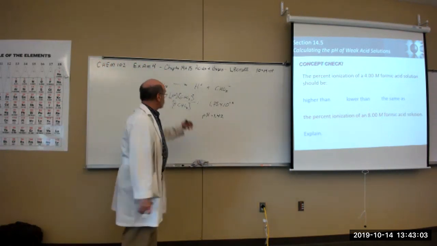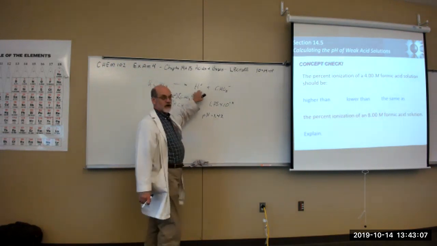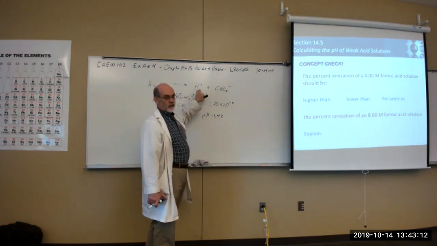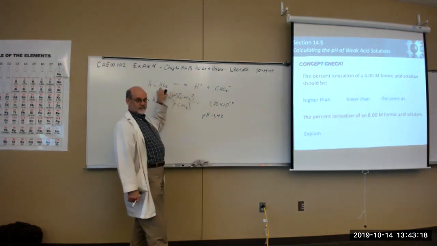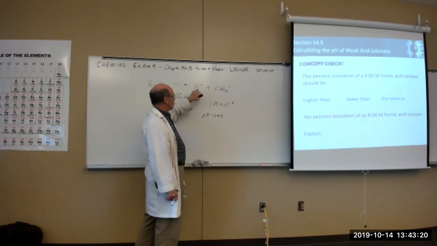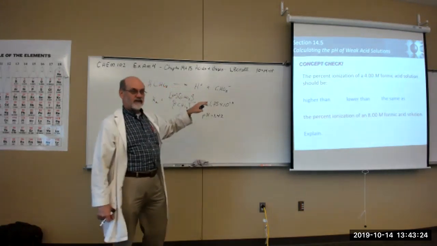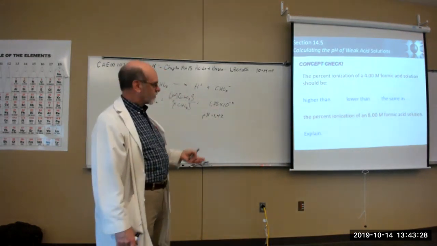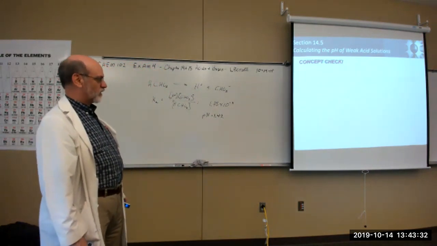Since we're starting at a lower concentration, the concentration of these species will be lower in the 4 molar. But this is ratioed against that, right? So this might be lower, but it's higher than expected based upon the initial percent dissociation. So it's going to be higher than the 8 molar.